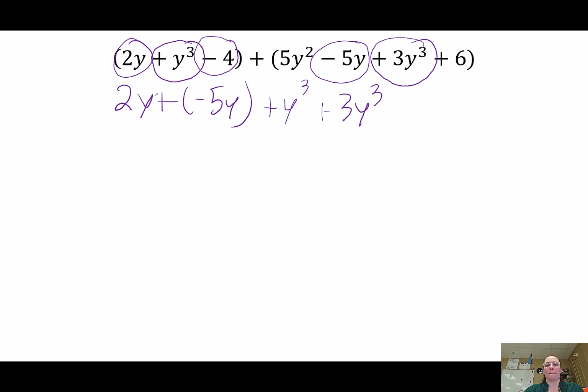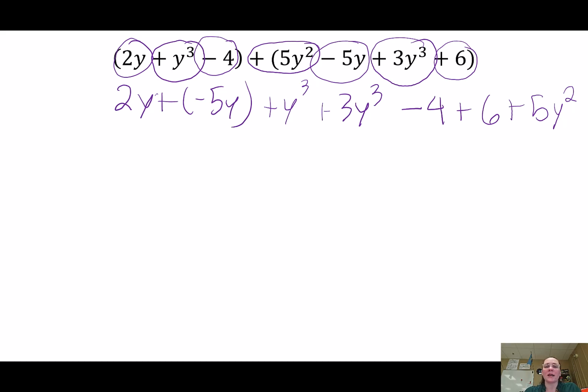Negative 4, well, I do have a constant over here, so we're doing negative 4 plus 6. Now notice here I've got this final one. We have that 5y squared that didn't have one in the first, right? And sometimes that'll happen.